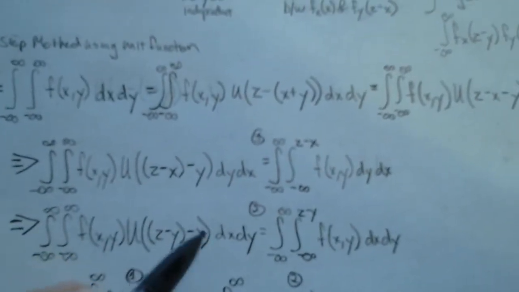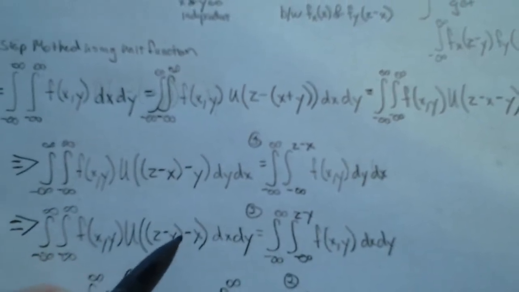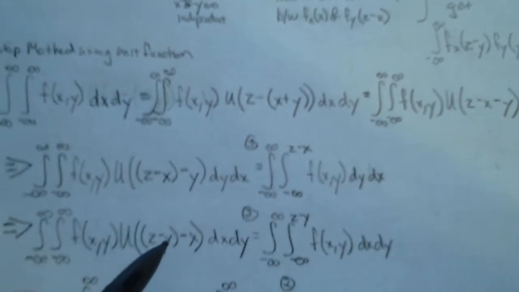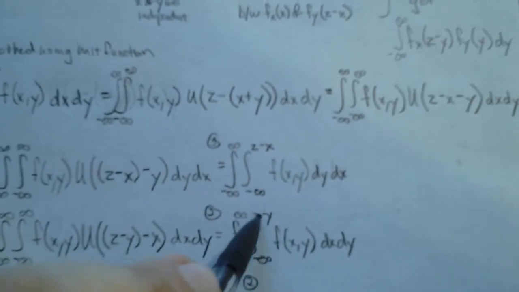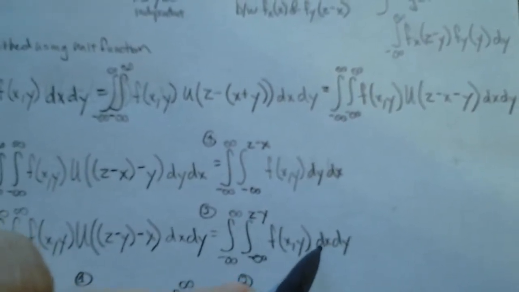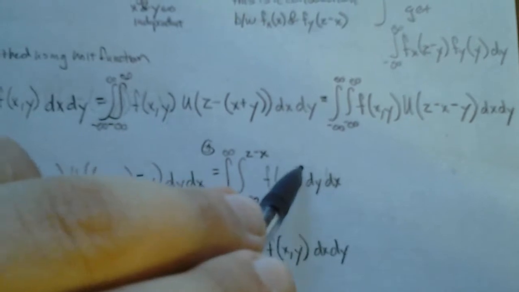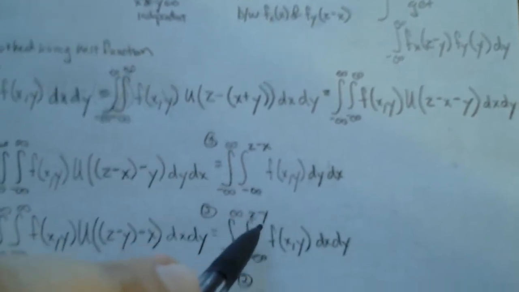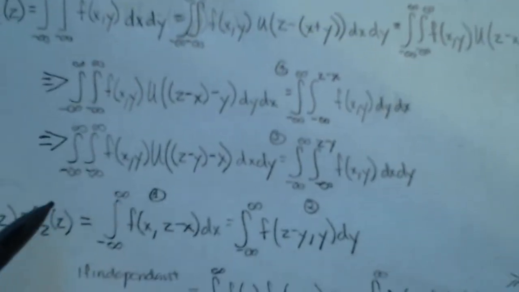Similarly, from this function, just using the step function, we could have rearranged and put the y within the inner parenthesis. This function breaks down so that the limits on the inside with regard to dx, here's dy, we got z minus y, as you can see. These two are perfectly equivalent to one another.